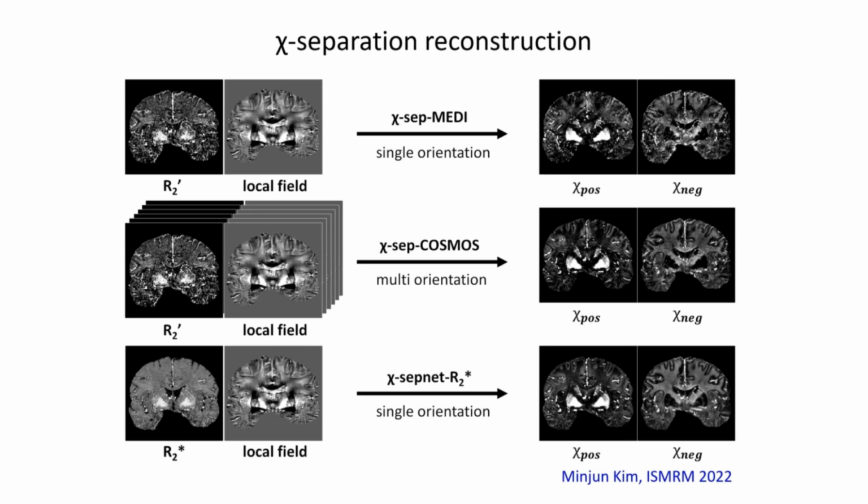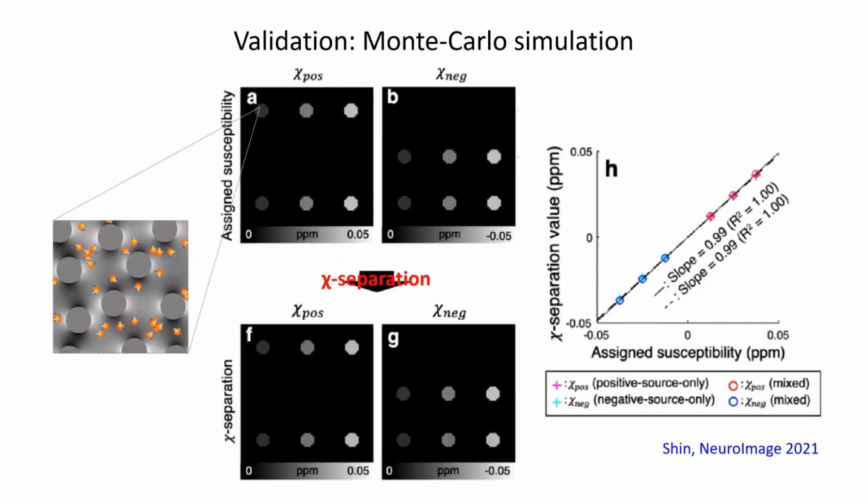Before we go to the in vivo applications, we were very much willing to explore how it really behaves for validation. The first one that we did was Monte Carlo simulation. Here we had 9 cylinders. The first row has 3 different concentrations of the positive susceptibility source, the second row negative susceptibility sources, and the third row both positive and negative sources.